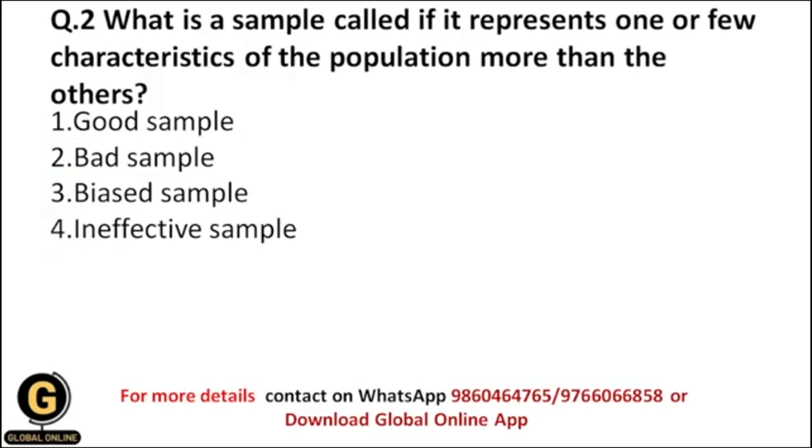Next, what is a sample called if it represents one or few characteristics of the population more than the others? Whenever we select a sample from the target population, and that particular sample represents one or more characteristics of the population more than the other samples, then what is such a sample called? Good sample, bad sample, biased sample, or ineffective sample?